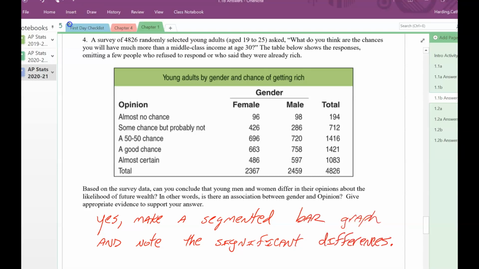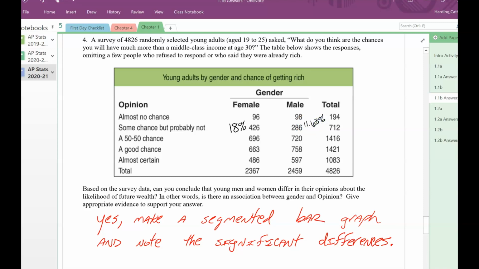That is 18% of females responded that way, as opposed to males, 286 out of 2,459, which was only about 11.5%, 11.63, I think.